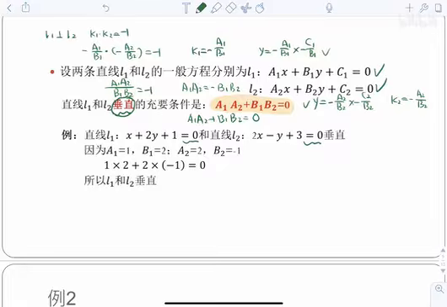So A1 is 1, B1 is 2, A2 is 2, and B2 is minus 1. So A1 A2 plus B1 B2 equals 1 times 2 plus 2 times minus 1, so 2 minus 2, equals 0. So it meets this condition, meaning L1 is perpendicular to L2.